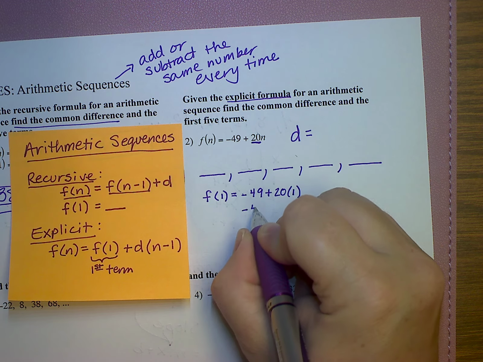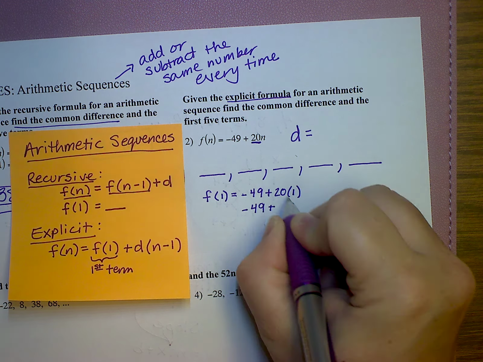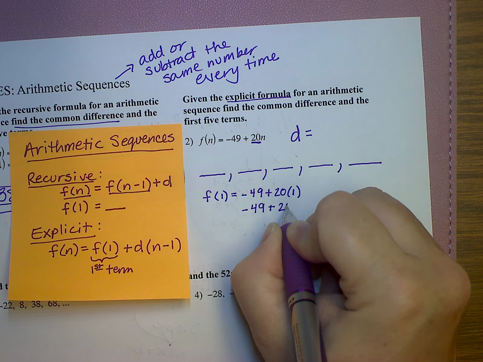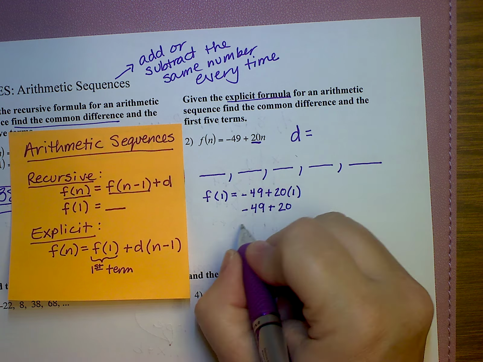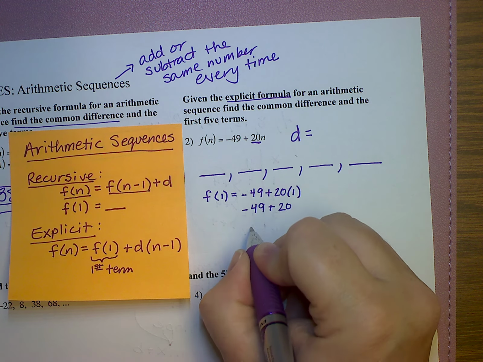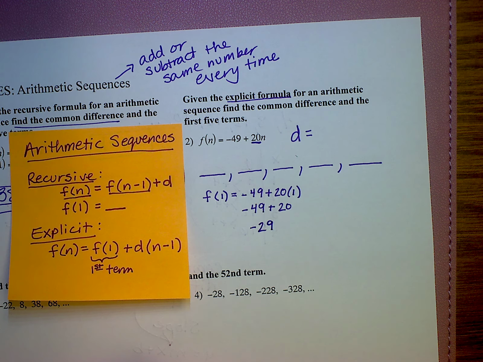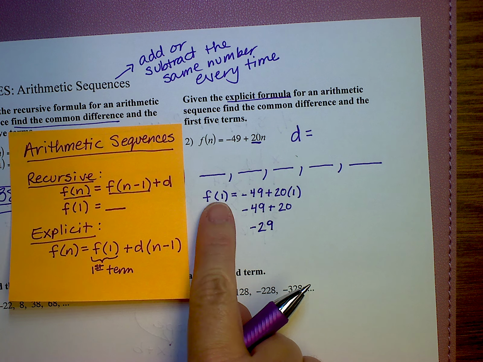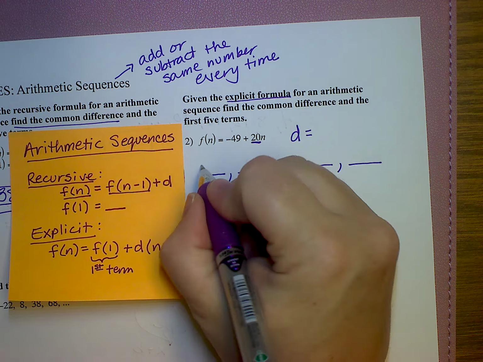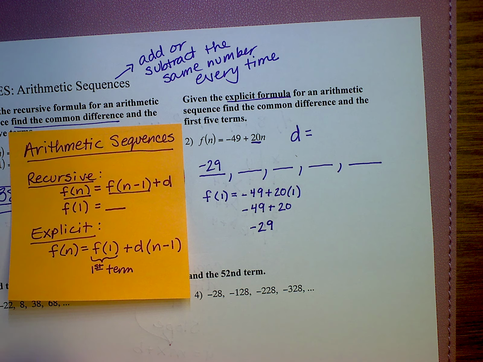So that's negative 49 plus 20 times 1 is 20. What is negative 49 plus 20? Negative 29. What did I just find? The first term is negative 29.